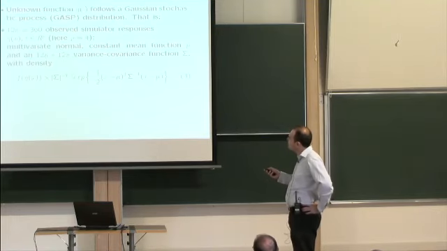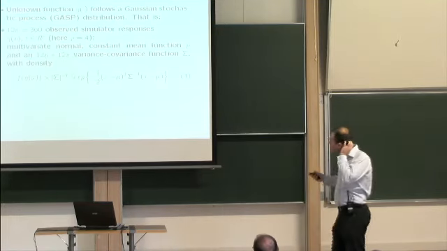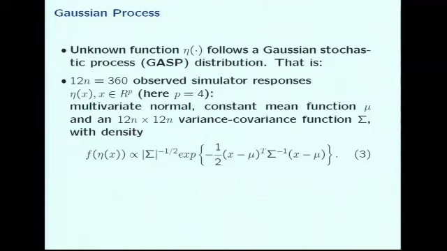Anyway, what is the technique? As Robin presented yesterday, you're going to use a GASP. What is that? It's actually just saying that the values at which the computer model is exercised are known, and the others are unknown, and they are multivariate normal.